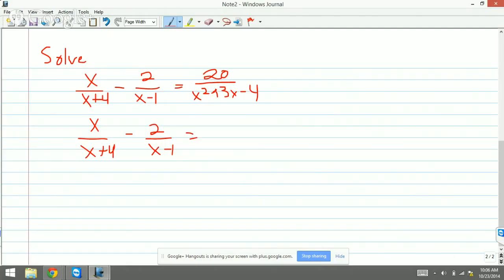Okay, factor the bottoms. That's my first tip here. Can I factor that denominator? This is going to show us the common denominator.